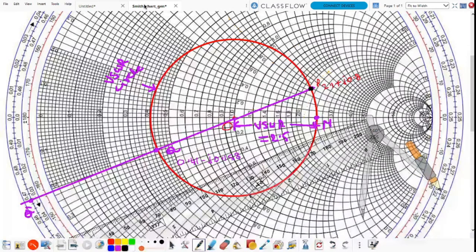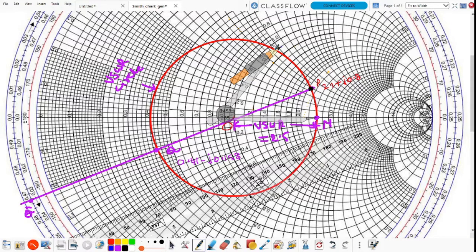Next, determine the admittance value. How to find the admittance value from the Smith chart? First mark the point T. The point T is marked as the admittance value from the Smith chart.